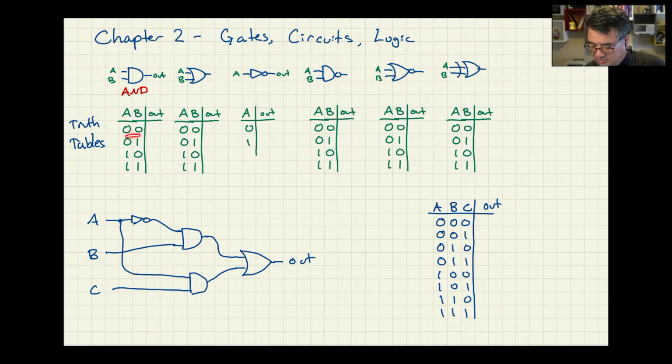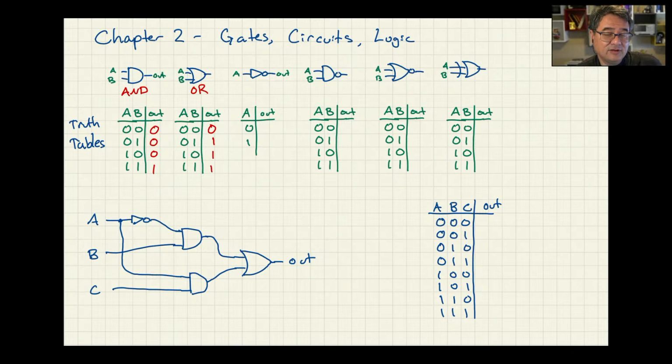So for this first one, if the two inputs are 0, then you get a 0 as the output. In fact, you get zeros for all the outputs except for the last one. So for an AND, the output is a 1 if the two inputs, A and B, are both 1. This next one is OR. Its truth table is a 0 for the two inputs both being 0, and then a 1 for all the others.